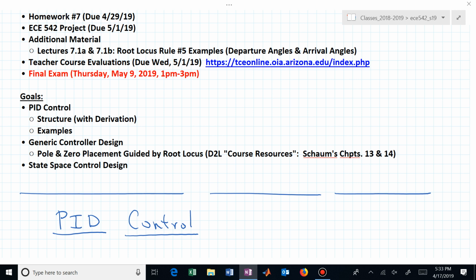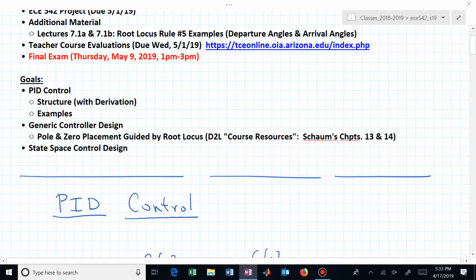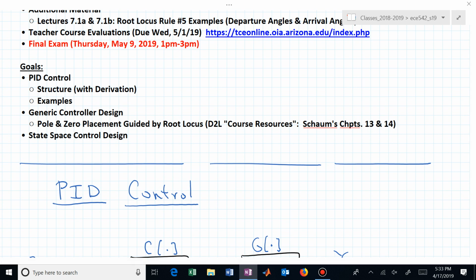And that's helpful in sketching root loci. It's really more helpful for me to grade, or to give me something to grade on the final exam and in homework number 7. The final exam is on a Thursday. That, I believe, is the last day of finals, and it's from 1 to 3 on that last day of finals, May 9th.